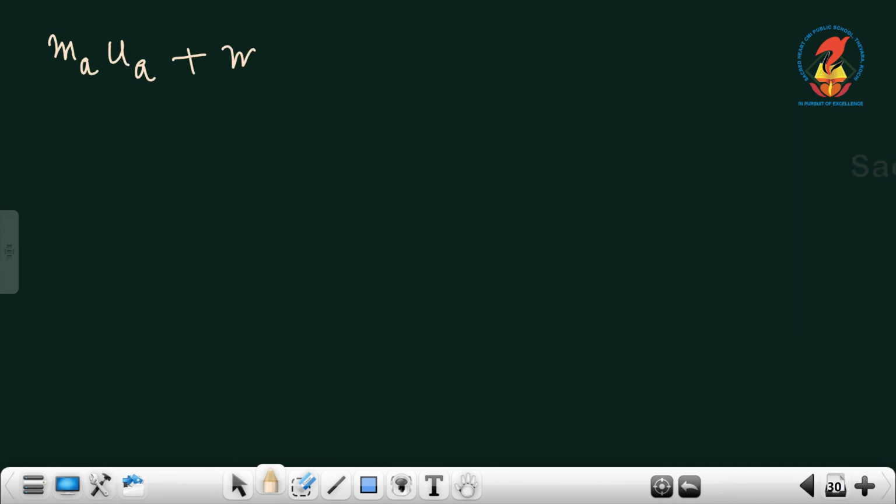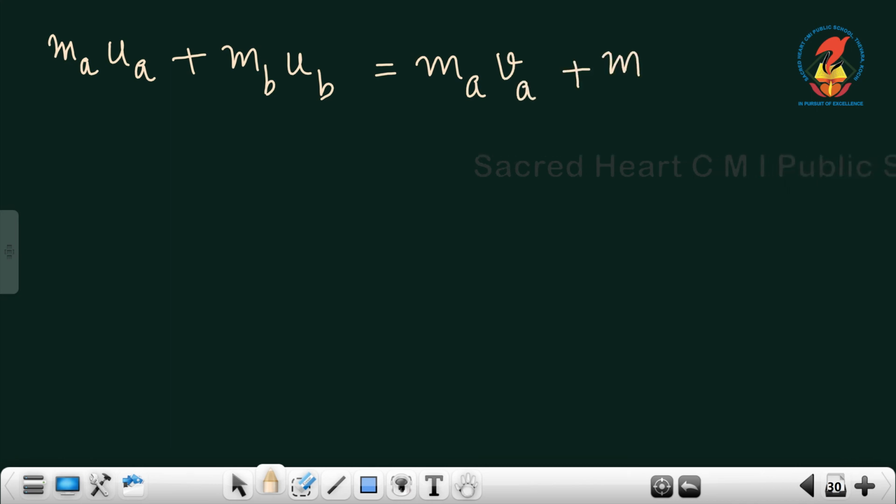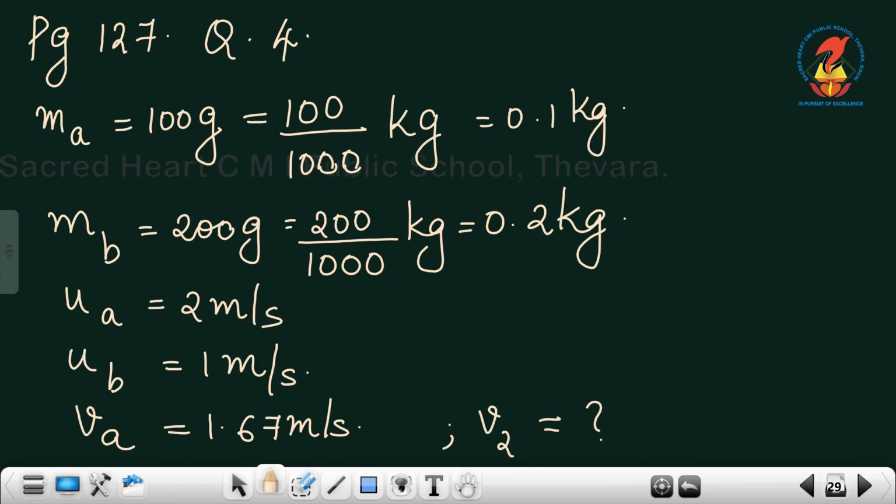Again, the equation used is MAUA plus MBUB is equal to MAVA plus MBVB. Now, let us substitute the values of all the quantities in the equation. Mass of the first object is 0.1 kilogram and it was moving with a velocity 2 meter per second.